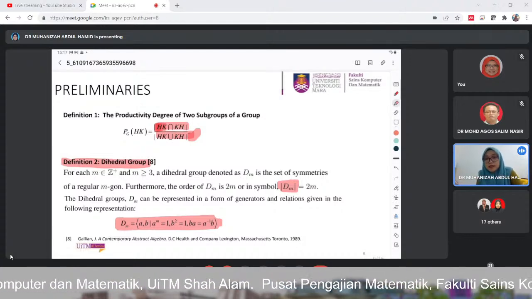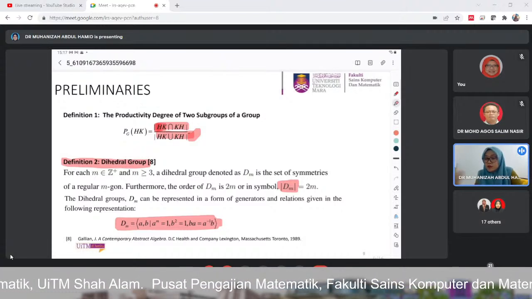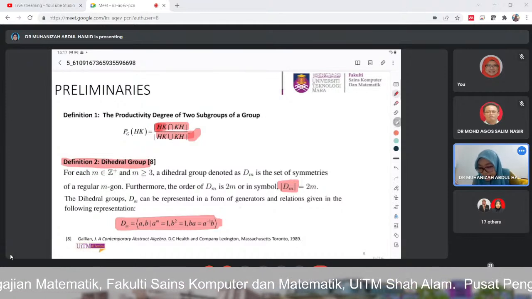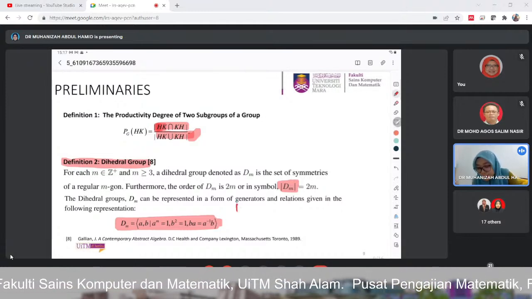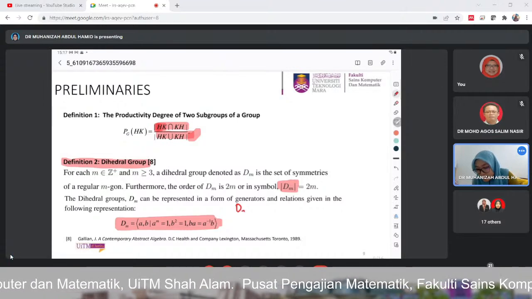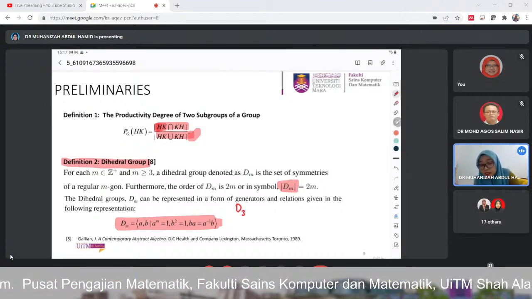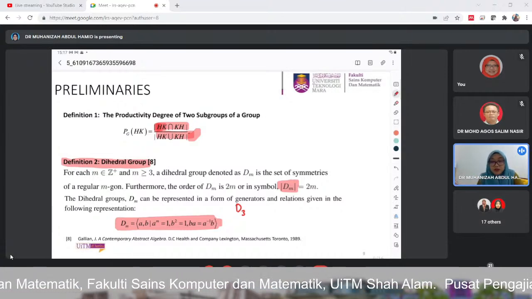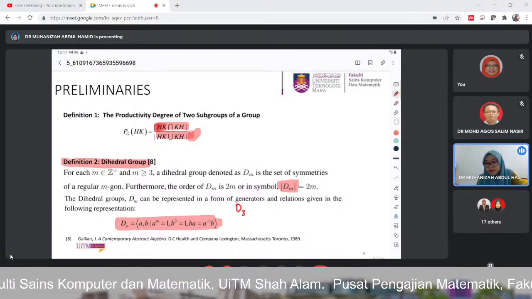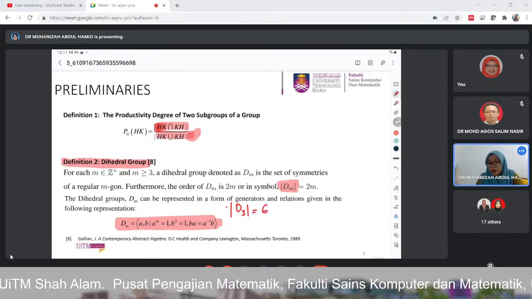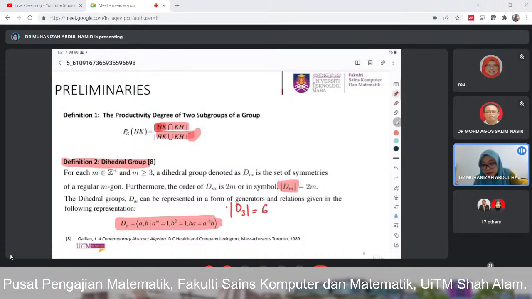Okay, let's say we want to determine the dihedral group of order 3, D3, when m is 3. So you will be expecting 6 elements, because the order of this dihedral group D3 is 2 times 3, right? But what are the elements?